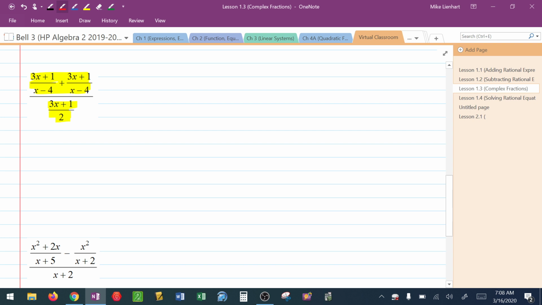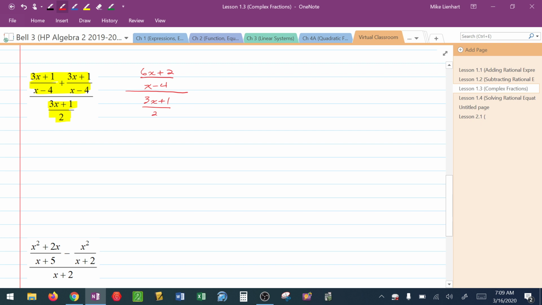So I know from back in addition that all I have to do is add their numerators. So I'm going to rewrite this as 6x plus 2 over x minus 4. And then I'm going to divide that by the denominator, which is already a singular fraction.